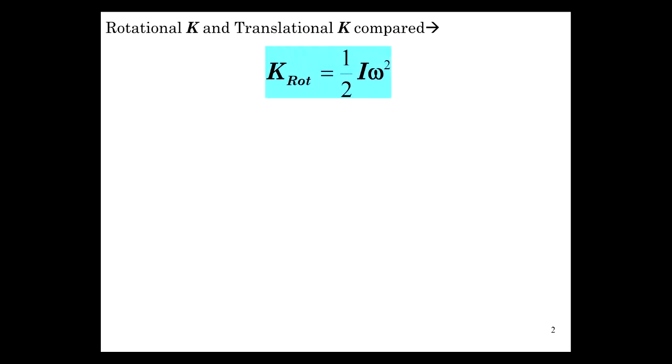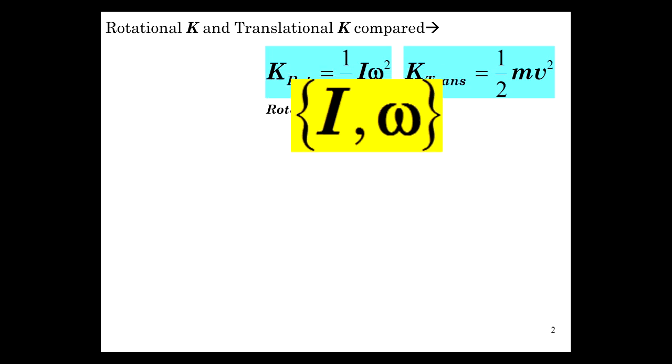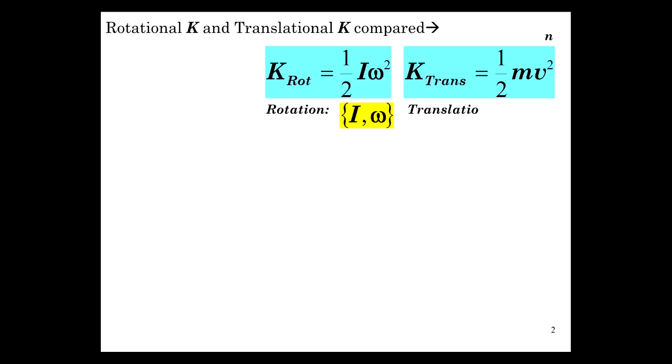Let's compare for a moment rotational and translational kinetic energy. So rotational, we just learned, is 1/2 I omega squared. And of course translational is 1/2 m v squared. So you see a correlation in how they look. We have a couple of terms that have been interchanged here. So rotation is related to I and omega, moment of inertia and angular velocity.